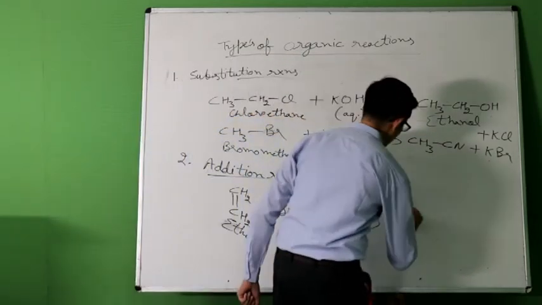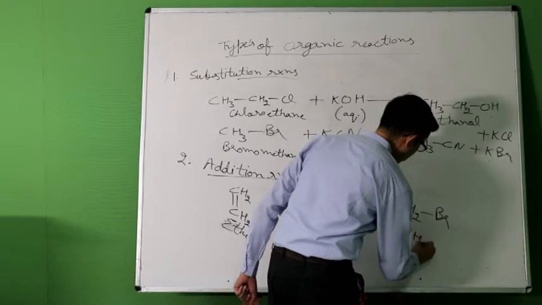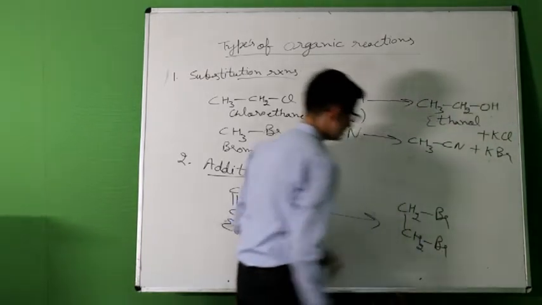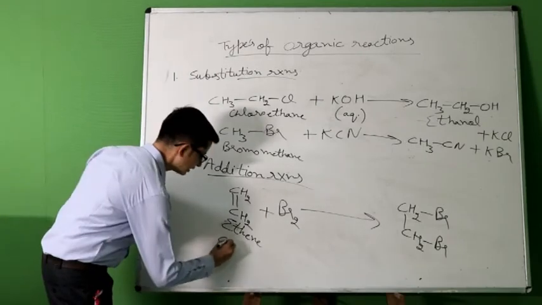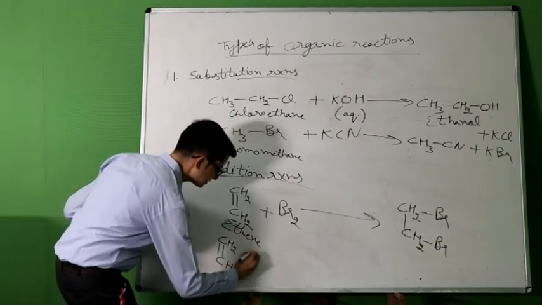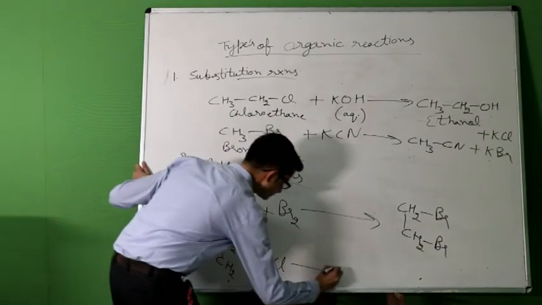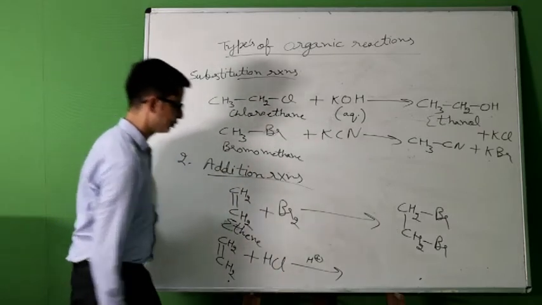This forms 1,2-dibromoethane. Another example of addition reactions is CH2=CH2 plus HCl in the presence of a catalytic amount of H positive.